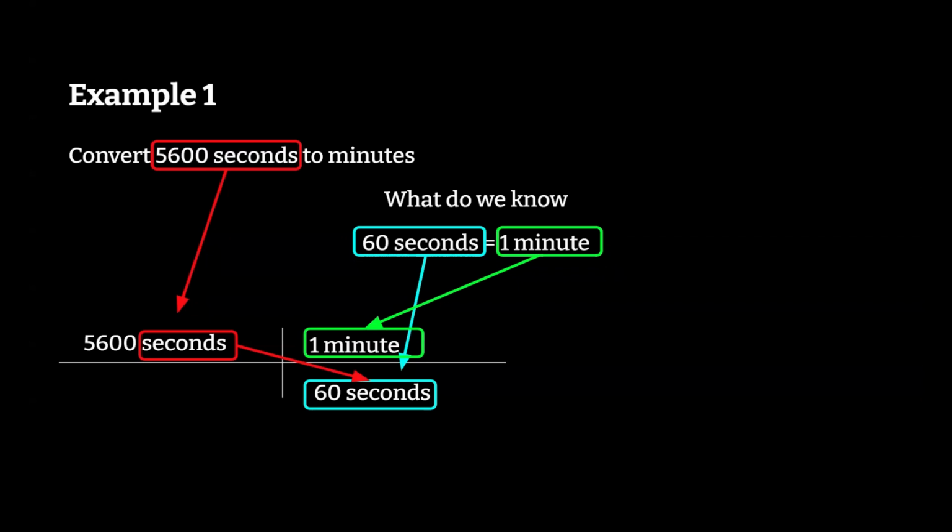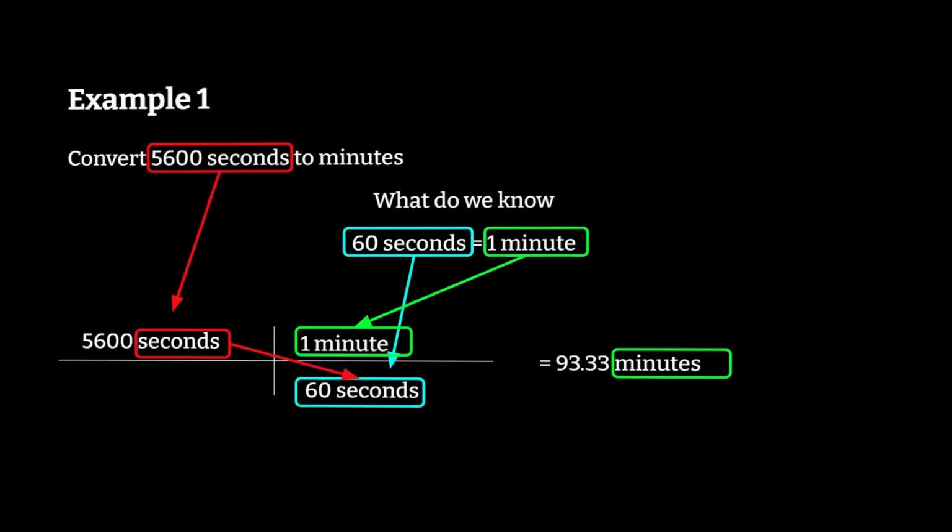So we get 5,600 times 1 divided by 60, and that is 93.33 minutes. The question is asking us for minutes, and our answer is also in minutes. That is how we know that this is solved.